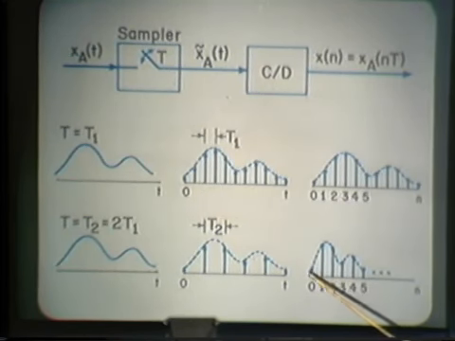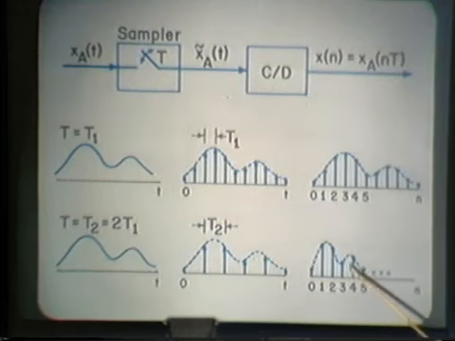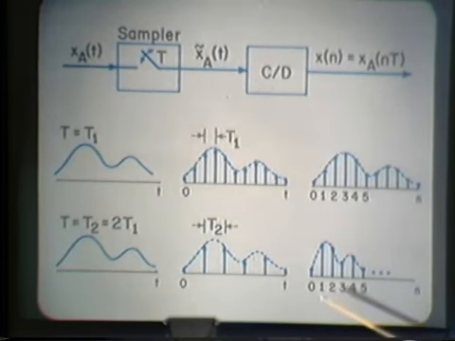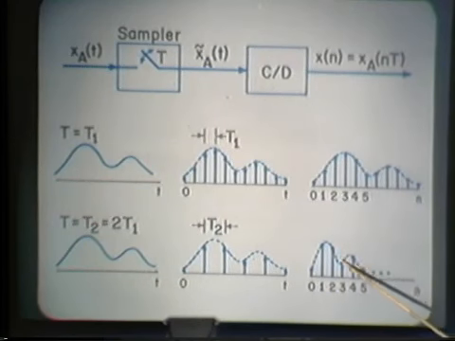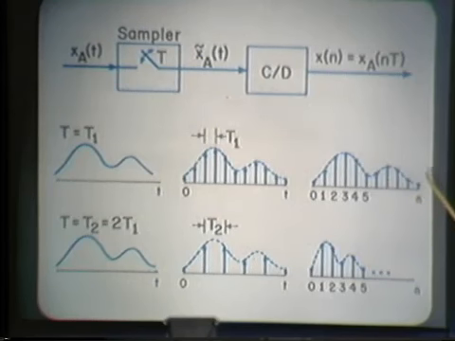Well, we have the areas of these impulses lined up along this axis, again at integer values of n. That is, the spacing of the lines when we look at the sequence here must be exactly the same as the spacing of the lines here. It's just that the values are different because we picked out samples at different instants. So, in fact, the envelope here is indeed a compressed version of the envelope that we had here. Very important point.